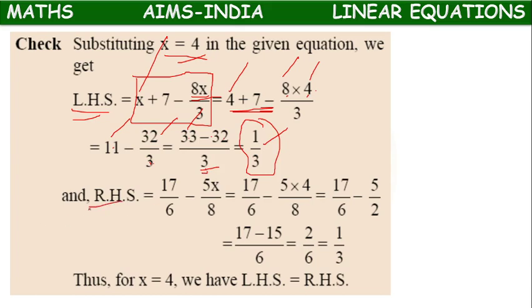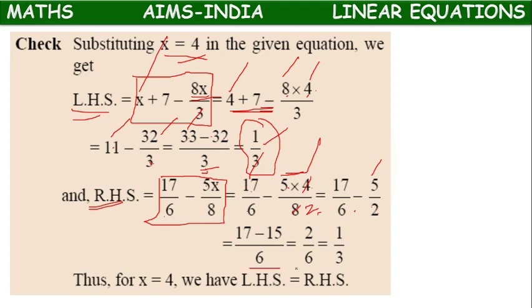In the same way, what is RHS? 17 by 6 minus 5x by 8. 17 by 6 has no variable, so we take it as it is. Here 5x means 5 into x; in the place of x we take 4, 5 into 4, 20, by 8. So 17 by 6 minus 20 by 8, which we can write as 5 by 2.